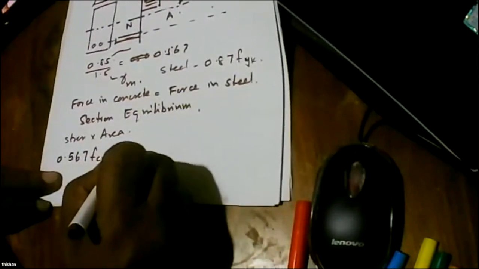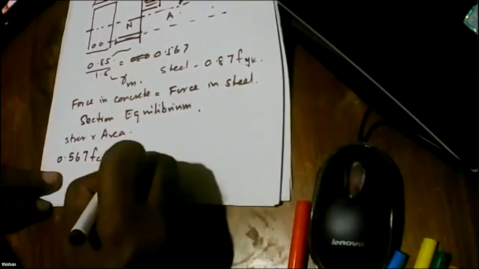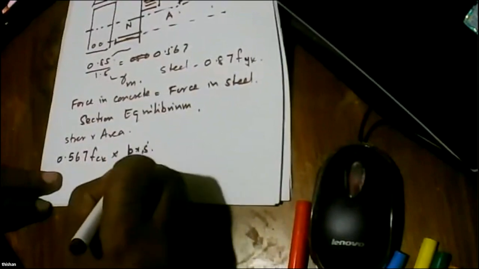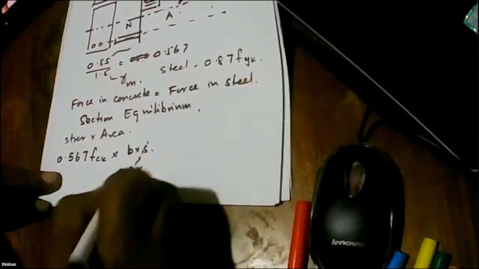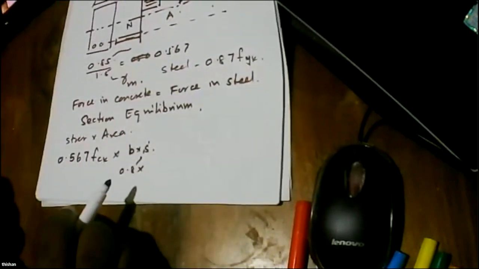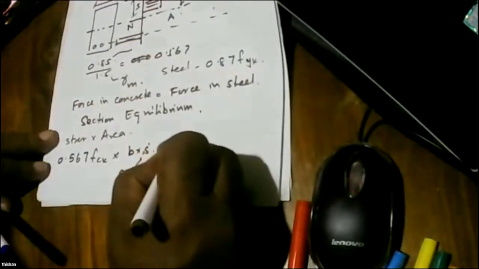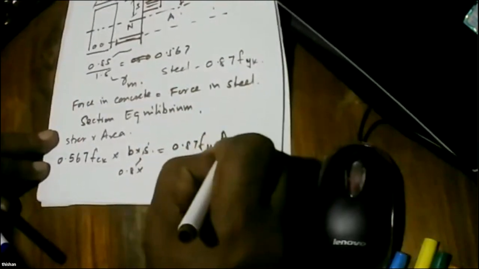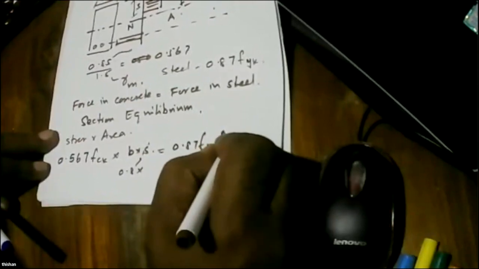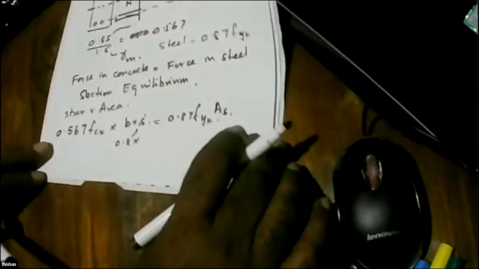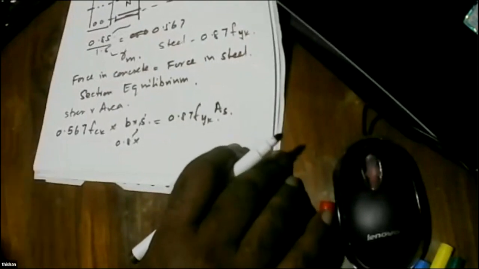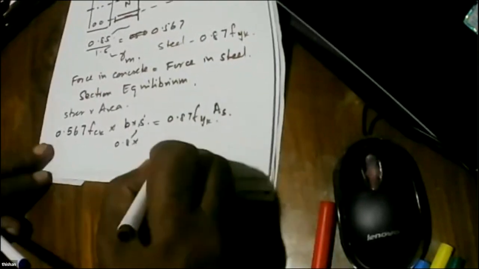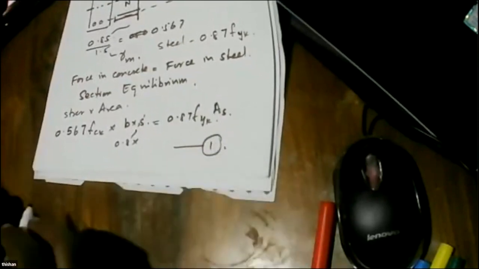Area is B times S. What is S? 0.8 times X. Area is B times S. This is S. And that should be equal to 0.87 FYK times area of steel. And that's it. Force is equal to stress multiplied by area. So this is the first equation, a very important equation.